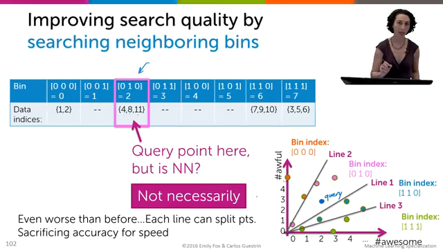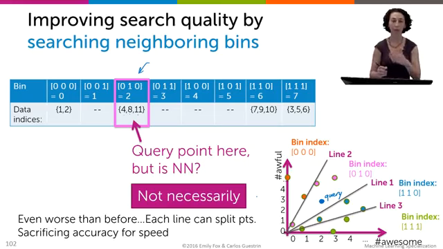But the situation is even worse than what we mentioned before when we just threw down one line, because the chance of splitting our query point and its nearest neighbor is even higher when we're throwing down multiple lines, because there's more of a chance that one or multiple of these lines will split our query point from its nearest neighbor.